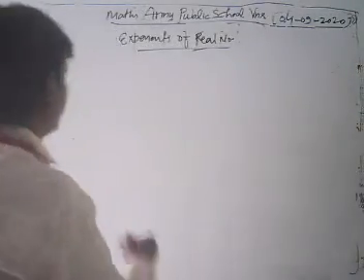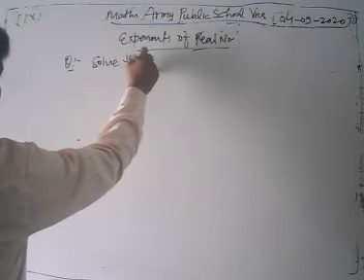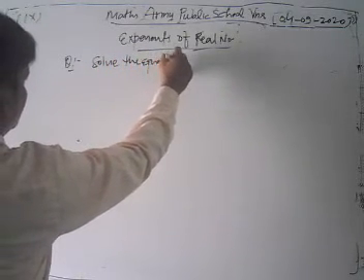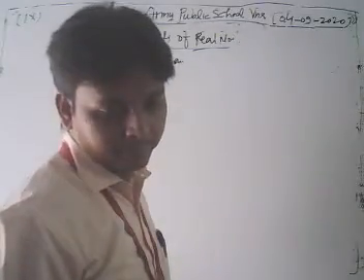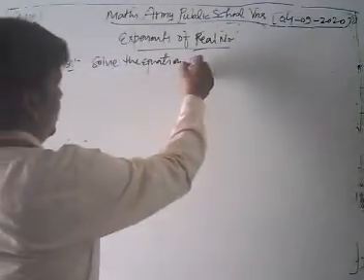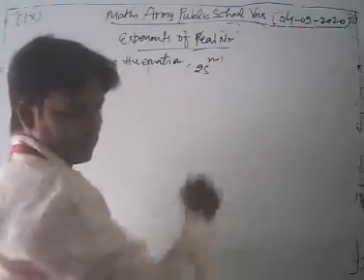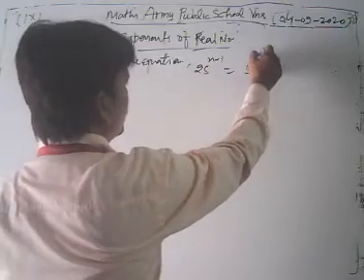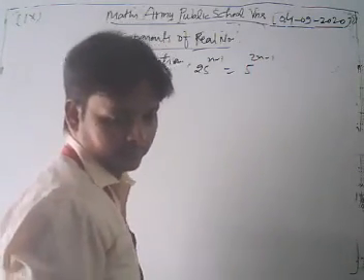Solve the equation. Your next question is: solve the equation 25 to the power x minus 1 is equal to 5 to the power 2x minus 1 minus 100.